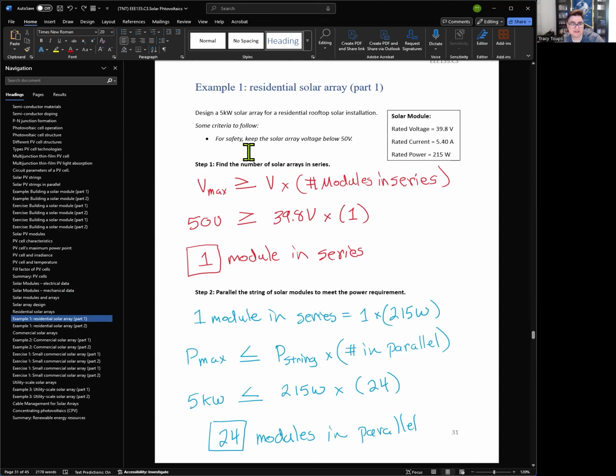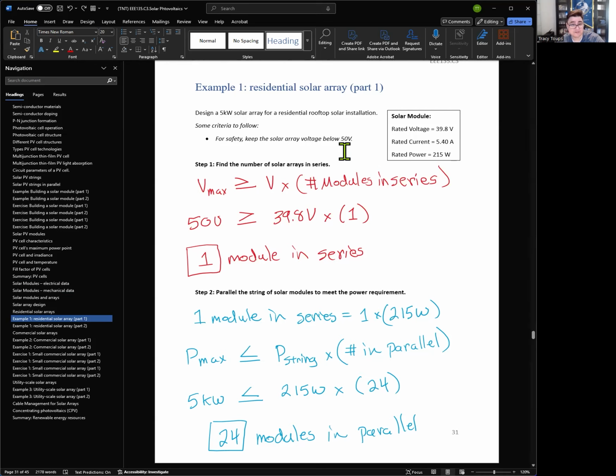For safety, typically want to keep any solar array voltage below 50 volts. OSHA has a rule that anything 50 volts and above is too dangerous for regular consumers to use. You ever wonder why, if you go to your 117 lab, you really can't get above 50 volts on your function generators?